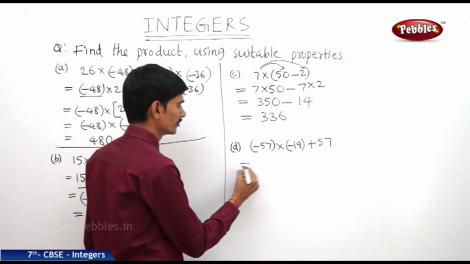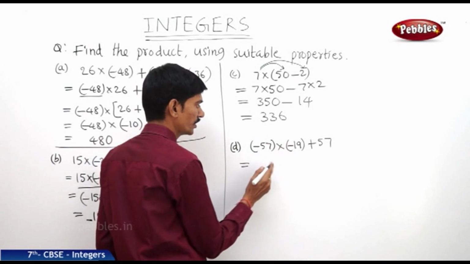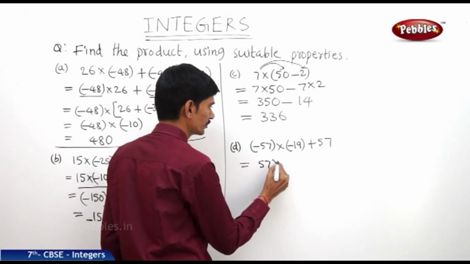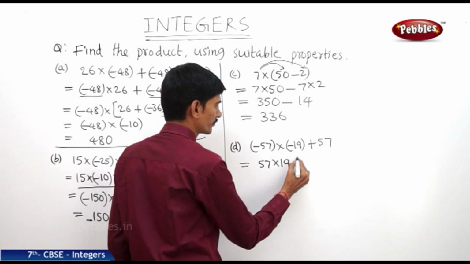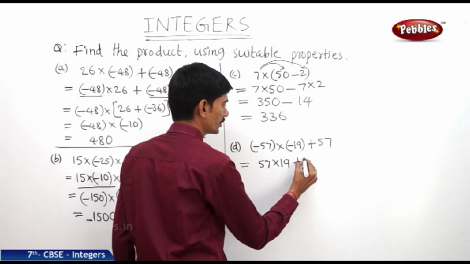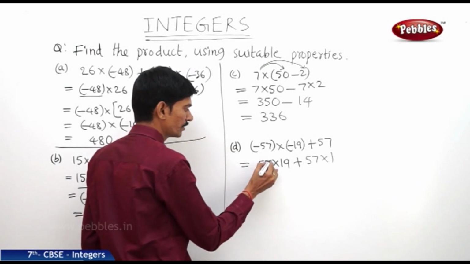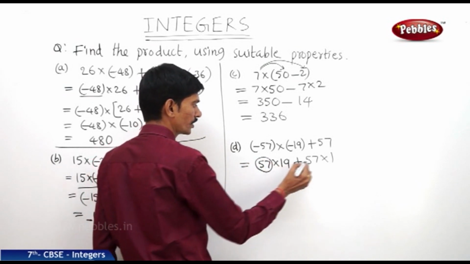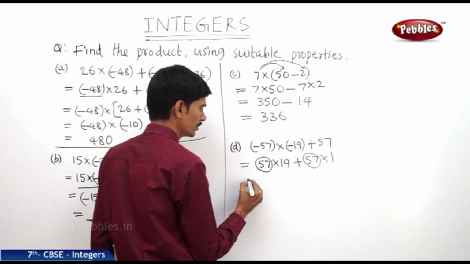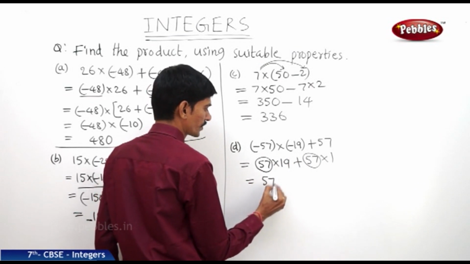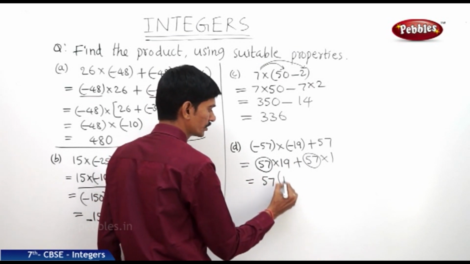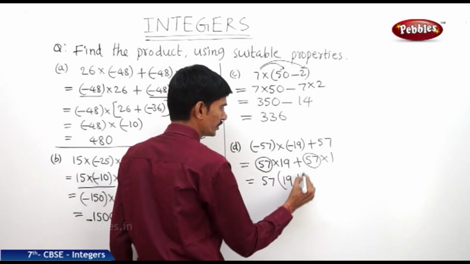Next, minus 15 into minus 19 plus 57. So this equals to minus into minus plus, and 57 into 19 is the same, plus 57 can be written as 57 into 1. So we can use again distributive property of multiplication over addition. Here 57 is taken common. If you take 57 common, then we get 19 plus 1.